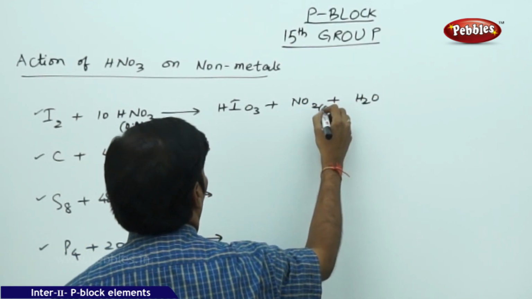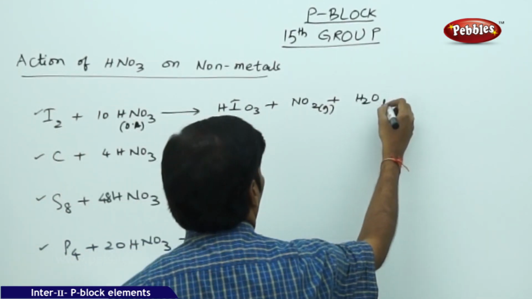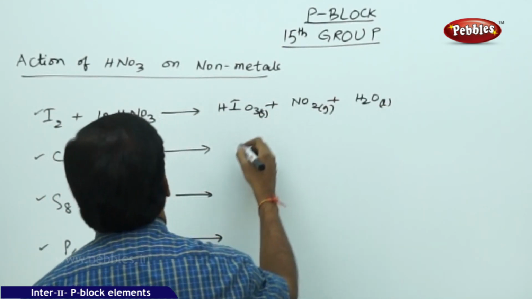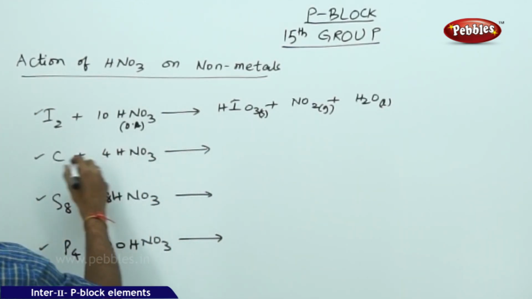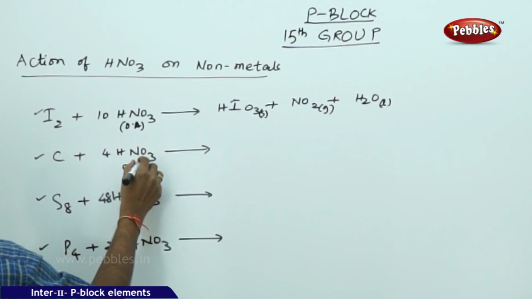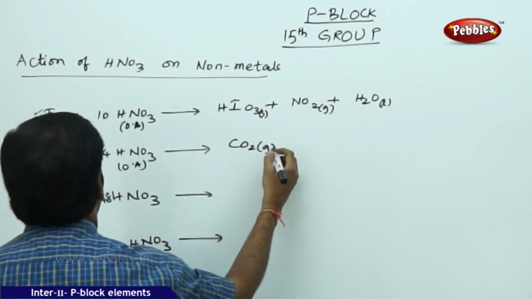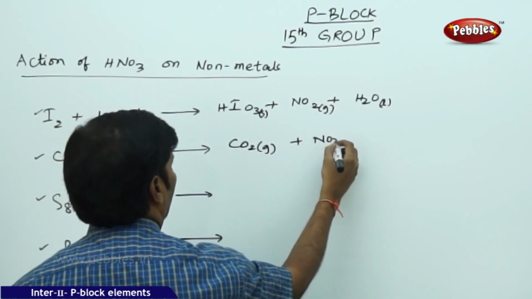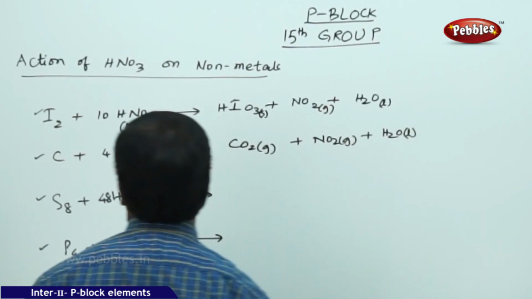We can balance the equation later, and here iodine is solid. With carbon, nitric acid again acts as an oxidizing agent. It converts the carbon to carbon dioxide gas, and forms nitrogen dioxide gas and liquid H2O.